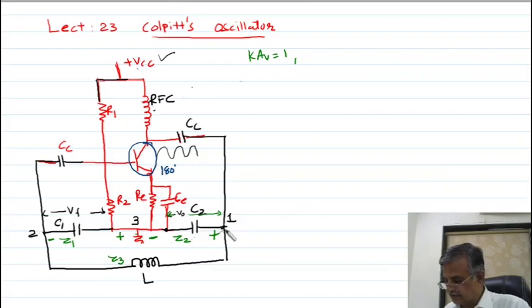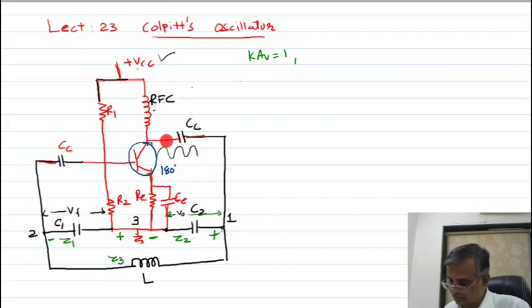At some time, terminal 1 is positive with respect to ground, meaning zero potential. That means terminal 1 is positive with respect to terminal 3, which is ground. At the same instant, terminal 2 will be negative with respect to terminal 3. So there is a 180 degree phase shift produced between VO and VF.